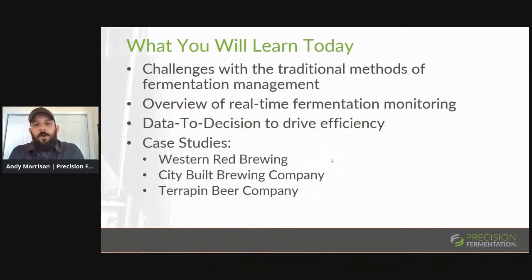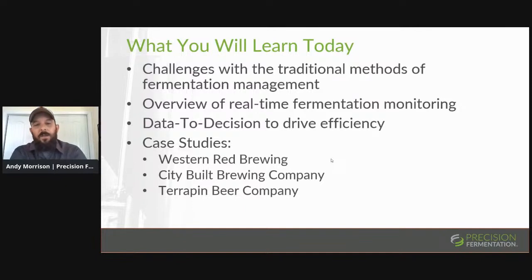So what we're going to talk about today is, I'll touch on the challenges that come with working with traditional brewing methods or traditional sampling methods, and the traditional way that brewers often track data or the lack of tracking data.